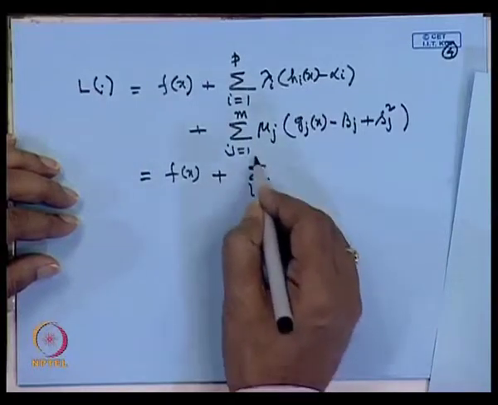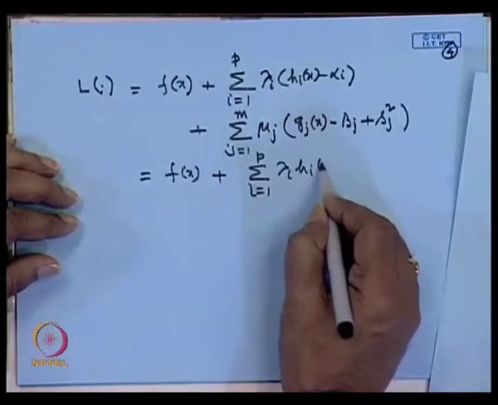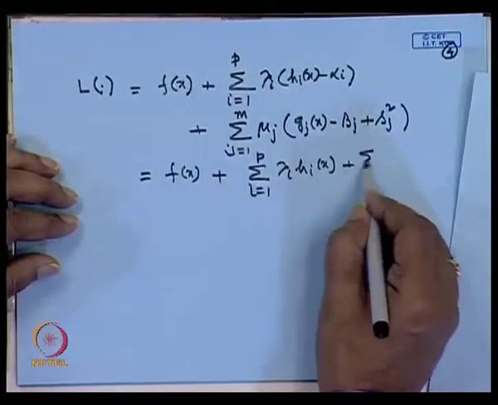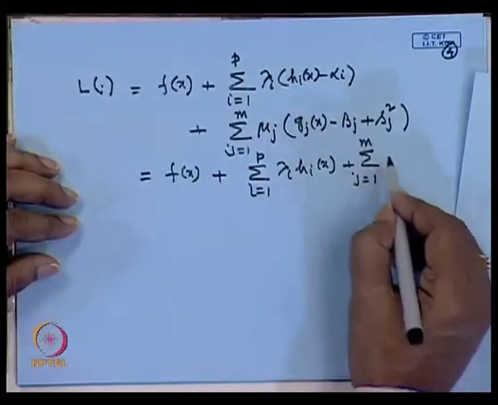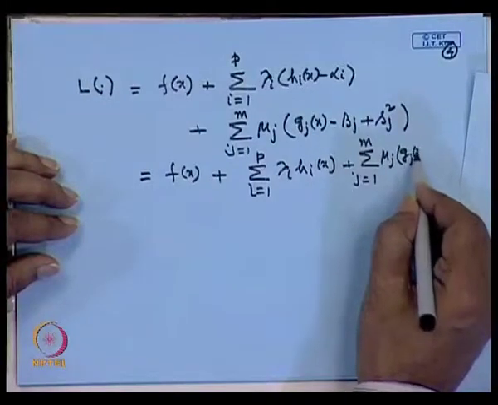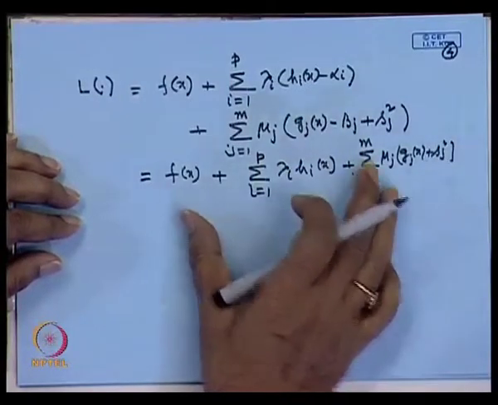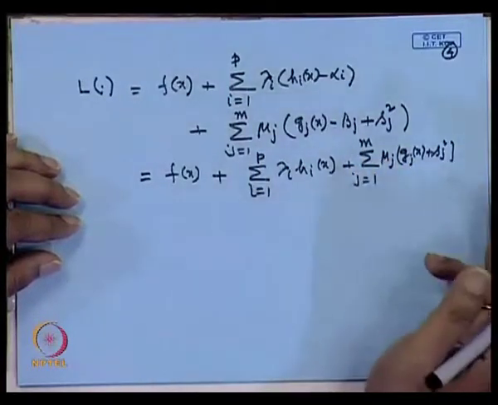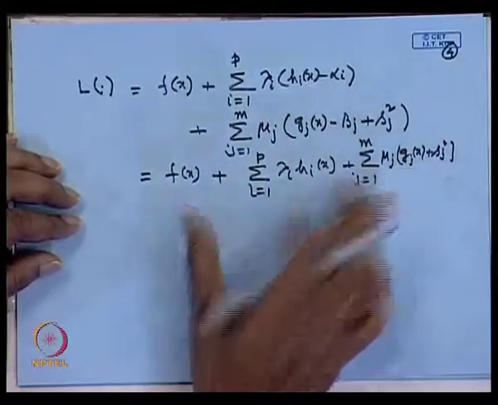So, it is nothing but f of x plus summation of i equals 1 to p lambda i h i of x plus summation of j equals 1 to m mu j g j of x plus s j square. This is when there is no perturbation in the right hand side of the equality constraint and inequality constraint.